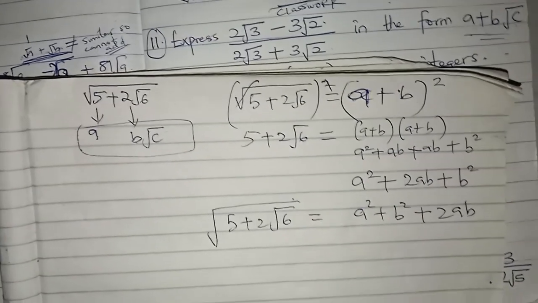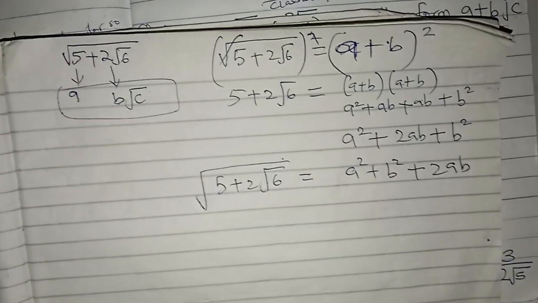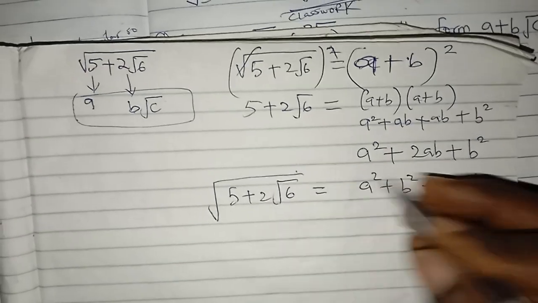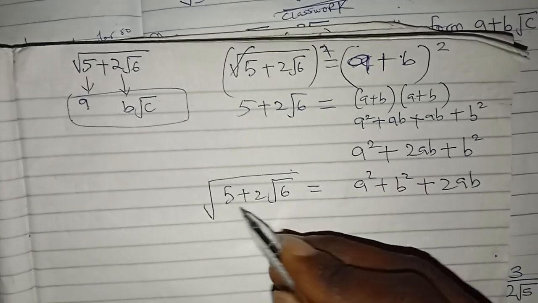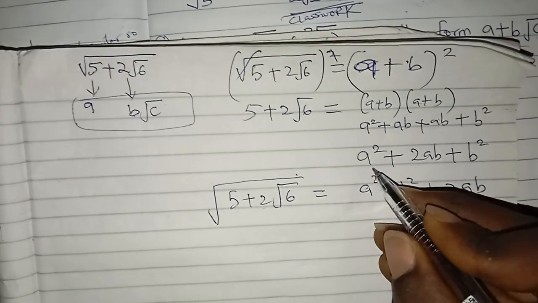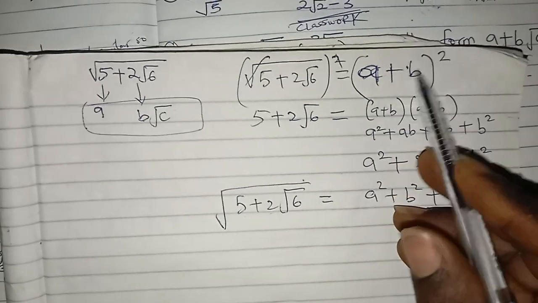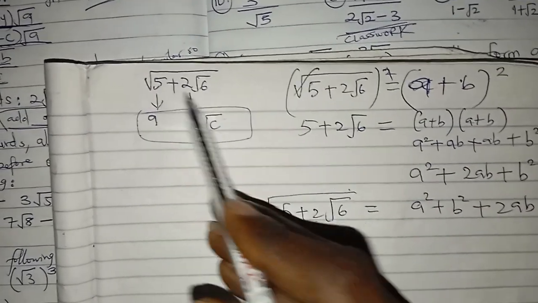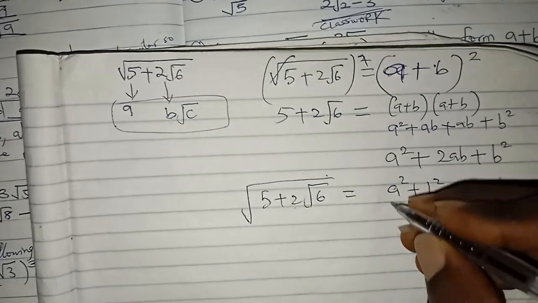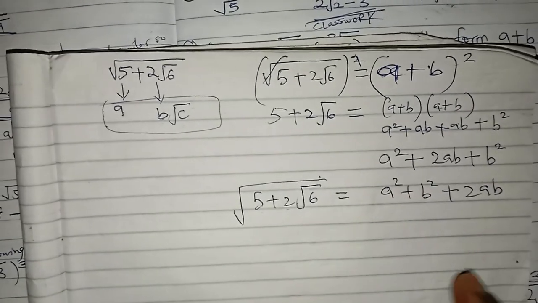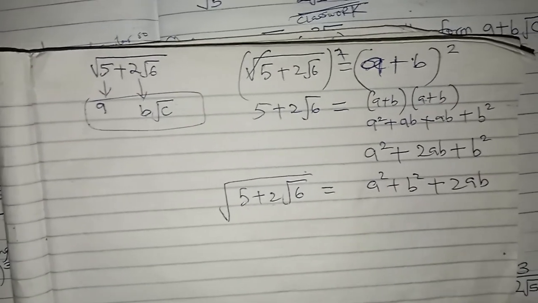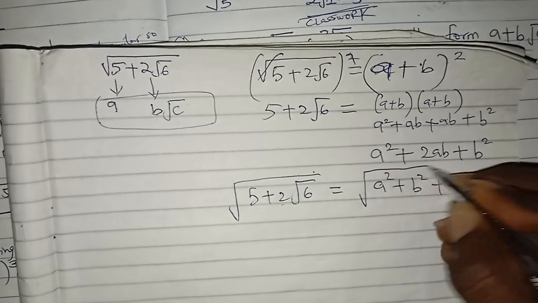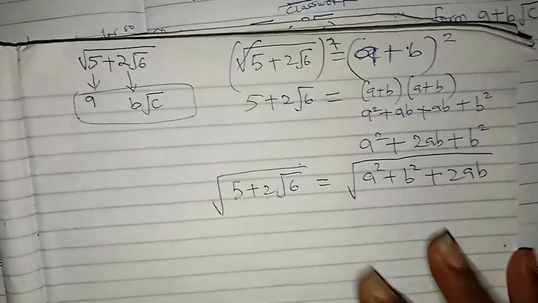So in equality of sorts, what we are trying to do is, as we have this plus this, how do we make it equal to a plus b squared? Because we know that at the end of the day, this is what we are trying to get whenever we have such a sort. This is a principal method. So we can now make the left hand side and the right hand side equal by taking the square roots of the right hand side.